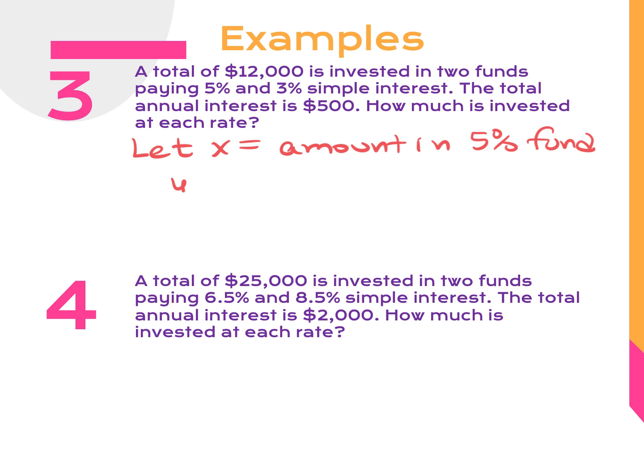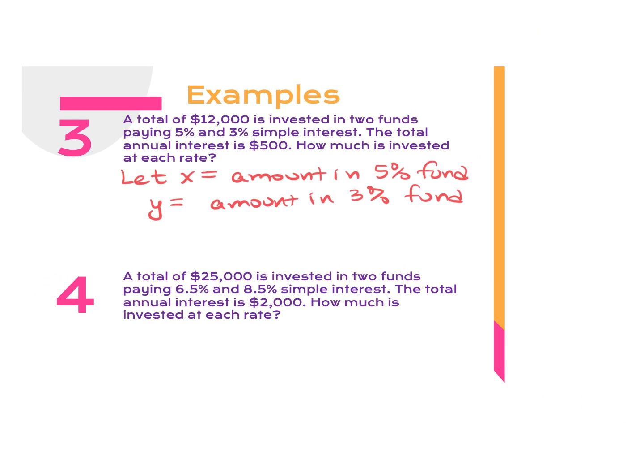And then the y in my equation is going to be the amount of money in my 3% fund. So I'm going to be writing two equations, one for the amount of money that's being invested, and then the other equation will involve these interest rates and the amount of interest.